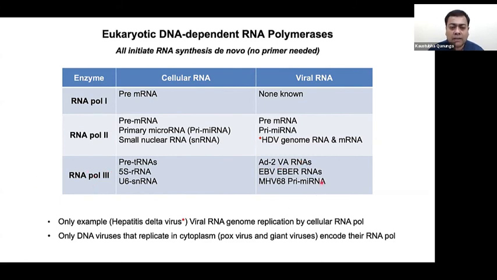On the other hand, just make sure that you understand, when we talk about adenovirus, all its mRNA is going to be synthesized by the RNA pol 2. But the virally associated RNAs are not mRNAs. They have a different function. We are going to see that in a different chapter. That is going to be synthesized by the RNA pol 3.